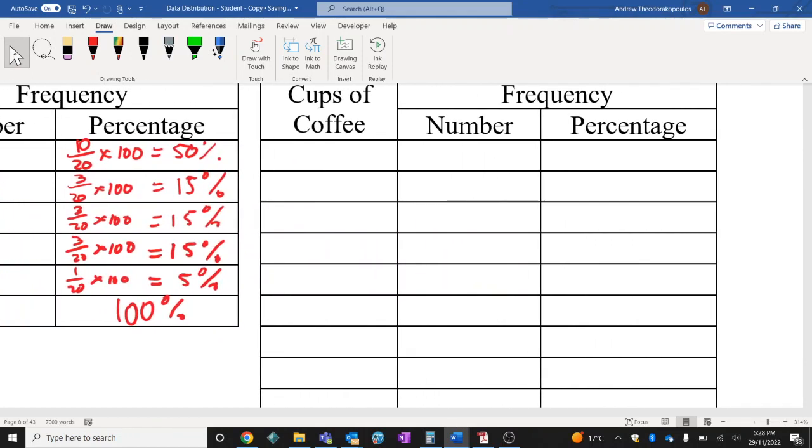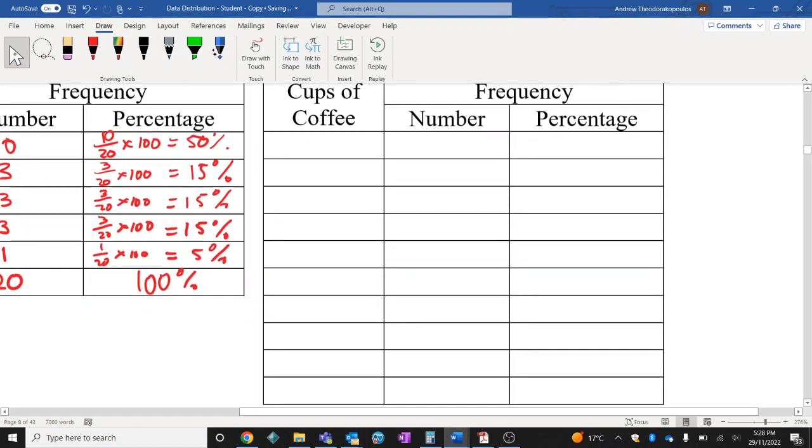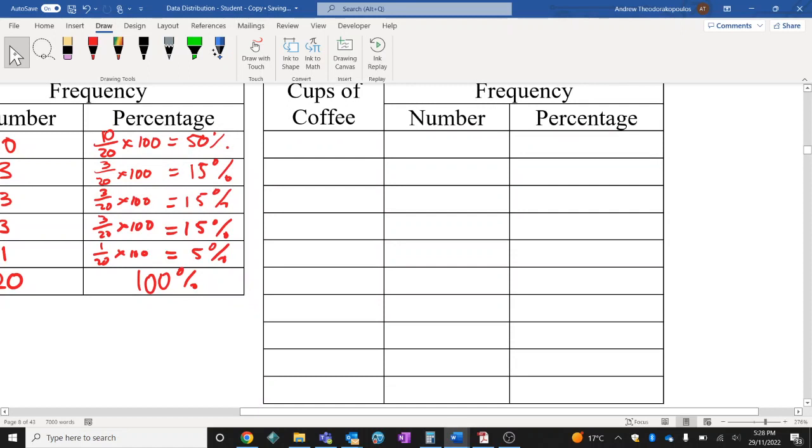What happens if we do the same thing now, but instead of groups of 10, we're going to do groups of 5. So 0 to 4, 5 to 9, and so on.